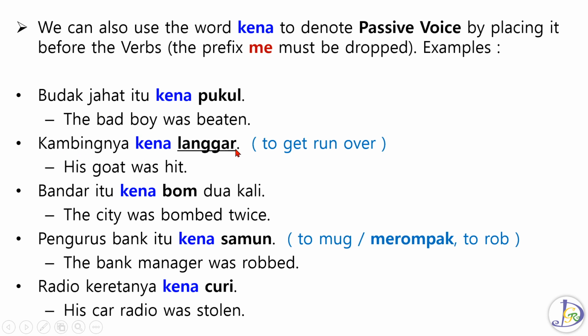Kambingnya kena langgar. His goat was hit, means hit by the vehicle, to get run over by vehicle, by car or something else. Bandar itu kena bom 2 kali. The city was bombed twice. 2 kali, 2 times, twice.